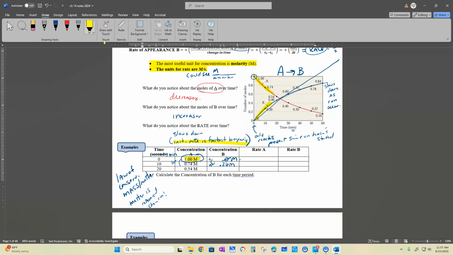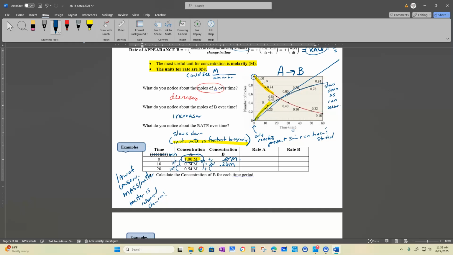So 74 and 26 has to equal the 1. Well, where students go wrong, it's the next 10 minutes. So now from 10 to 20, I lost some more, but I gained what I lost. Regardless, these numbers have to still equal that initial value, okay?